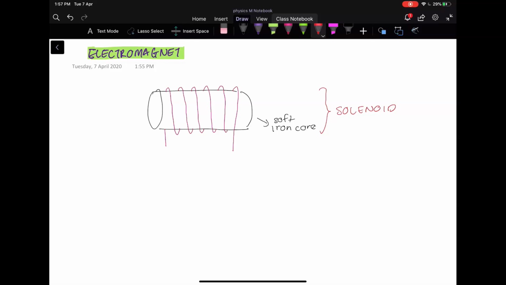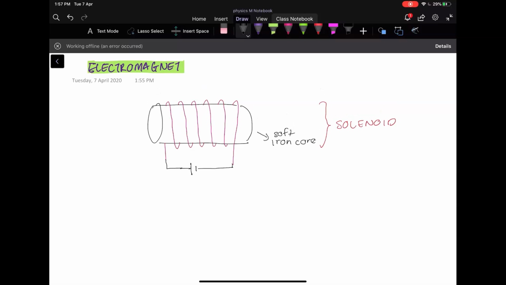Next, we connect the two ends of the wire to a dry cell, meaning we want a current to flow through this wire coil. The moment the current is connected, the system becomes an electromagnet. So make very clear the difference between a solenoid and an electromagnet.